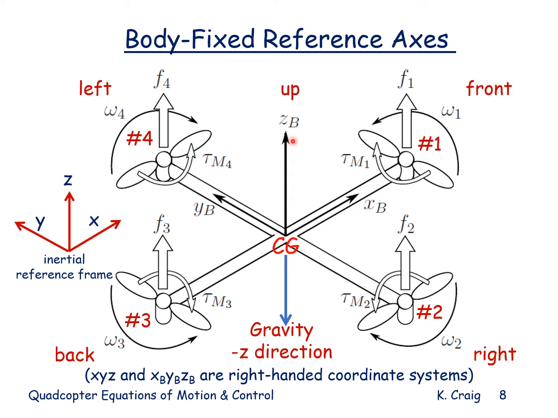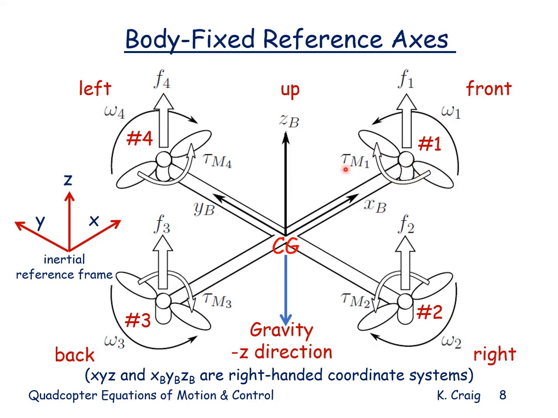In addition, there are four moments acting on the quadcopter, one from each motor rotor propeller combination. Here we see motor 1 rotates counterclockwise. The reaction torque or moment from the motor rotor and propeller acts in the opposite direction.